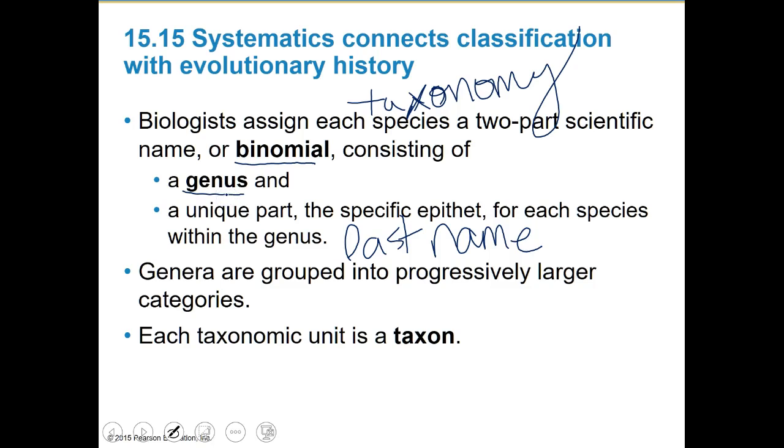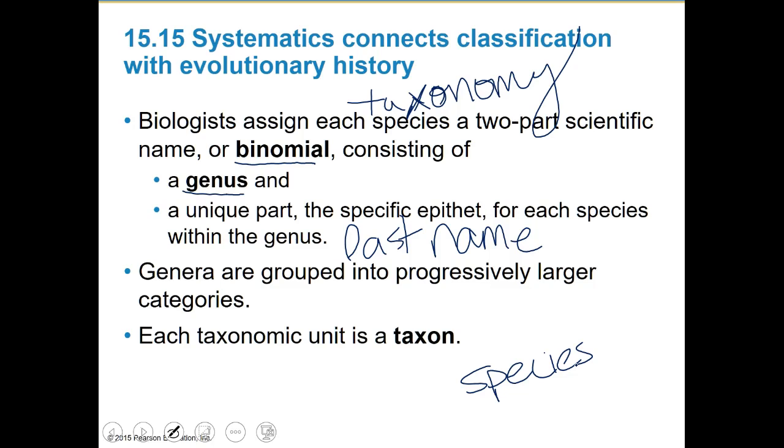There's lots of people that have Kelly as a first name. But the unique part, the specific epithet, is my last name. So Royce. So Kelly Royce, that's my name, right? So the Royce tells me specifically who that is. But my name overall is my full name. So the species name actually includes both. So if I were a species, Kelly Royce, that's my species name, is both names. Not just Royce, not just Kelly, but both.